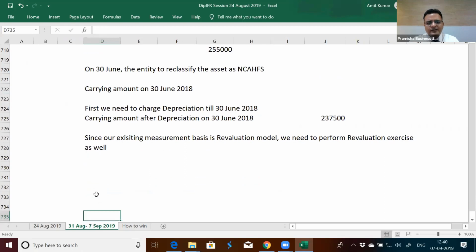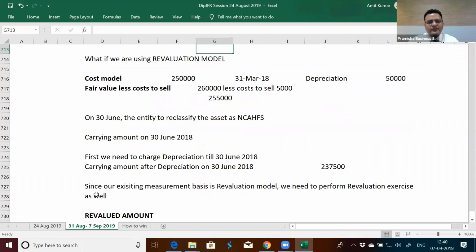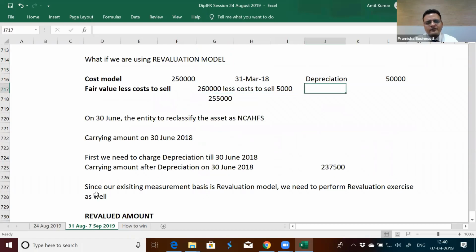If you perform the revaluation exercise on this day, what should be the value? What should be the revalued amount of this asset? Fair value is 2,60,000, less cost to sell 5,000. Revaluation is done on fair value.